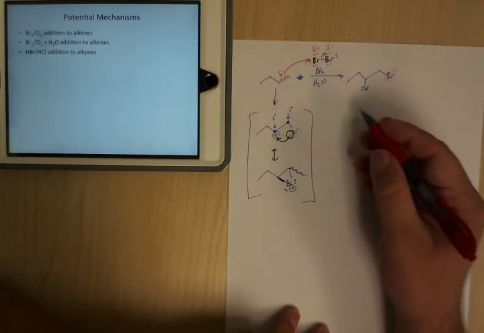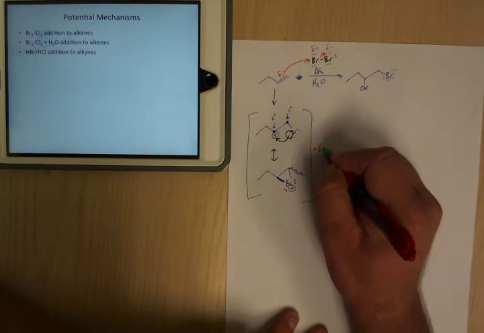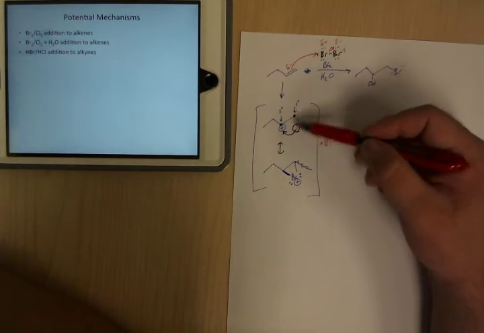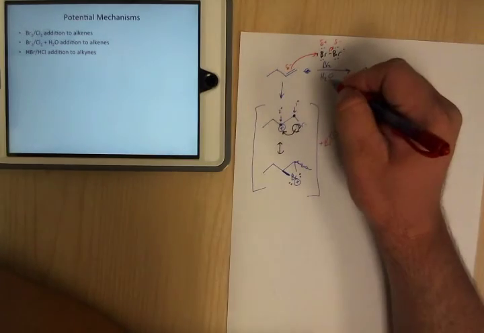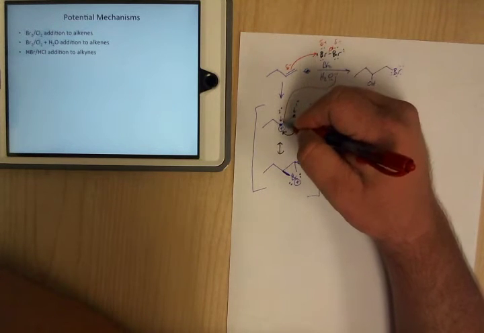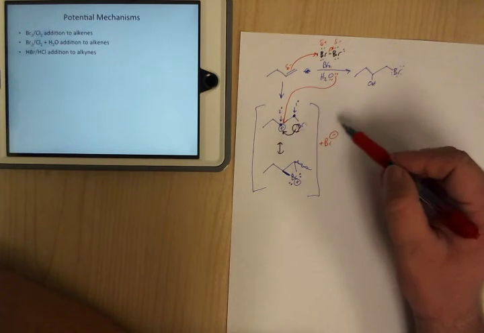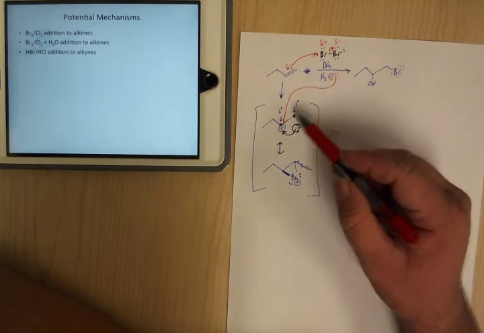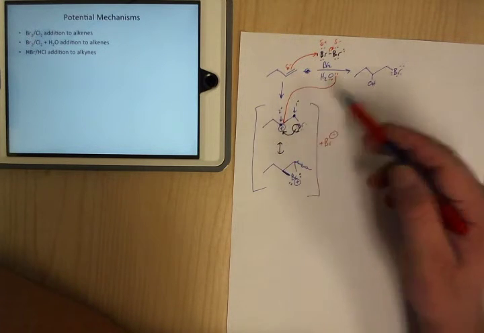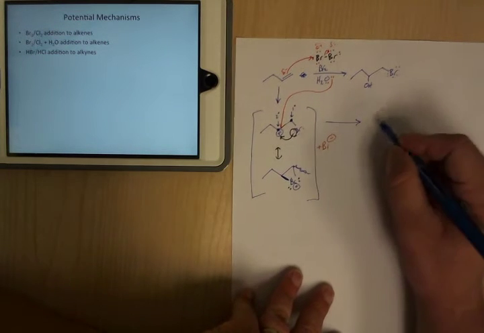And we also made Br minus. But this is what stabilizes it before something comes and attacks. This water is going to come in and attack. Because bromine is a really terrible nucleophile, before it comes back and attacks, you're going to have this guy come in and attack there to make this.